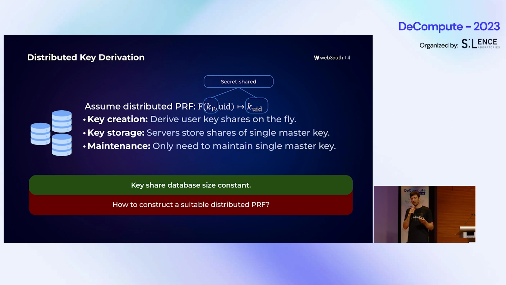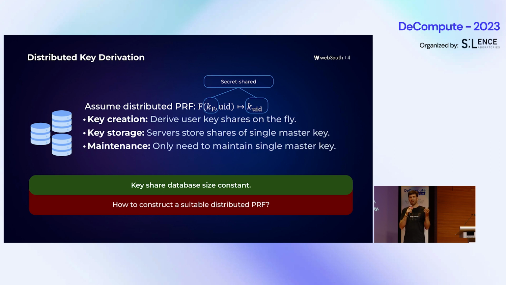If we have something like this, then we can derive user key shares on the fly. We only need to store the master key. We don't have to store the user key shares. And the maintenance also becomes constant, basically.